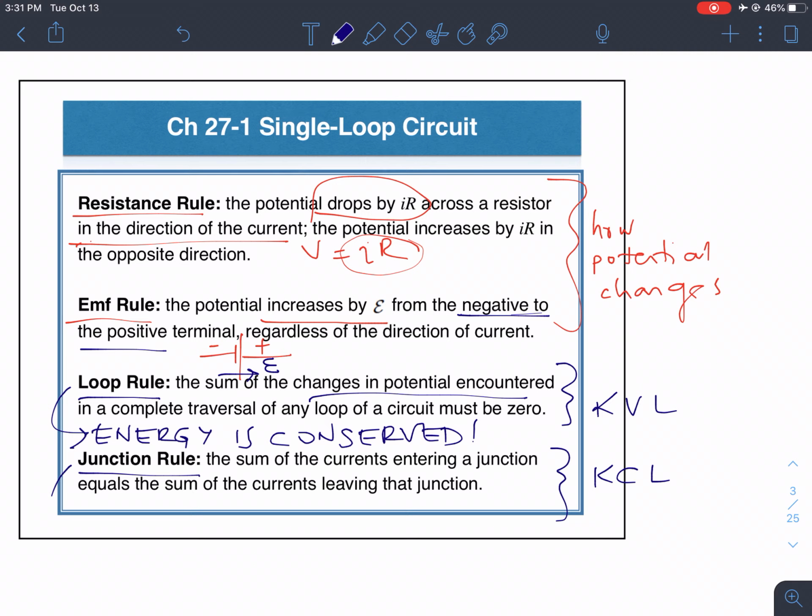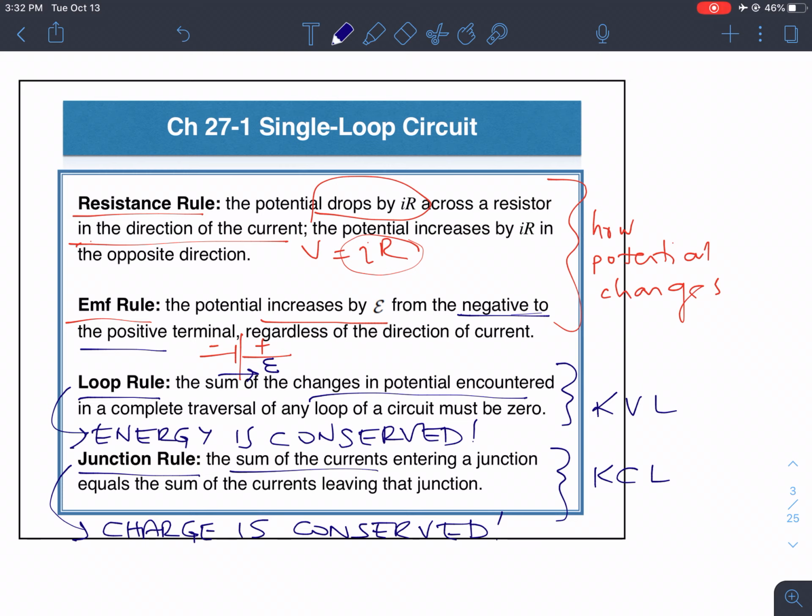Okay, for the junction rule, the charge is conserved, and we did mention this before in the previous chapter. So you can see that the previous chapter was really the background chapter. Now we are seeing how to put things together in this chapter. And this is the sum of currents.